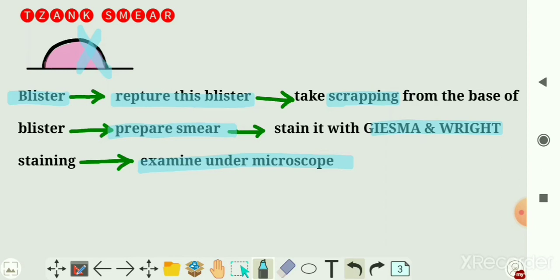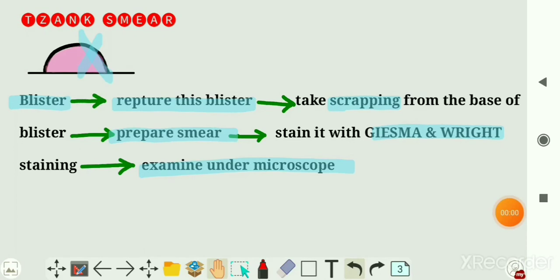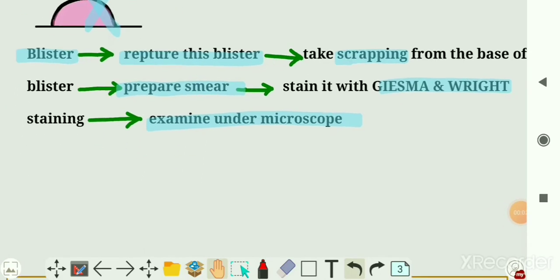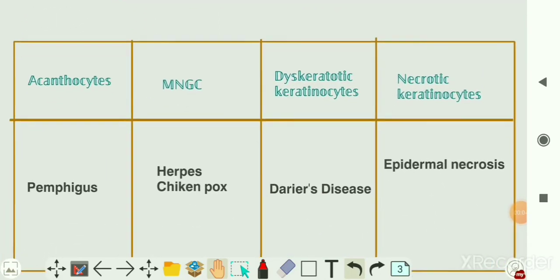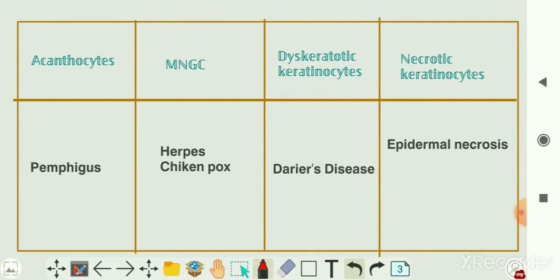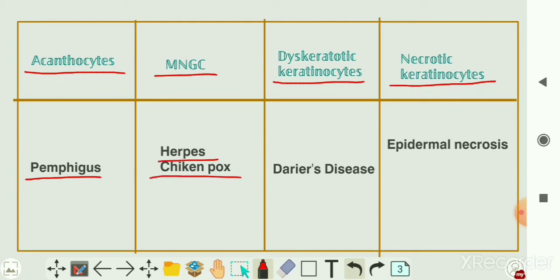If under microscope you see oval-shaped cells, nucleus occupies 7/8 portion of cell, and perinuclear halo, then you will label those cells as acanthocytes. There are other cells which can be seen by Tzanck smear, like multinucleated giant cells, dyskeratotic keratinocytes, necrotic keratinocytes. These acanthocytes are seen in pemphigus, and multinucleated giant cells are seen in viral infections like herpes and chickenpox.